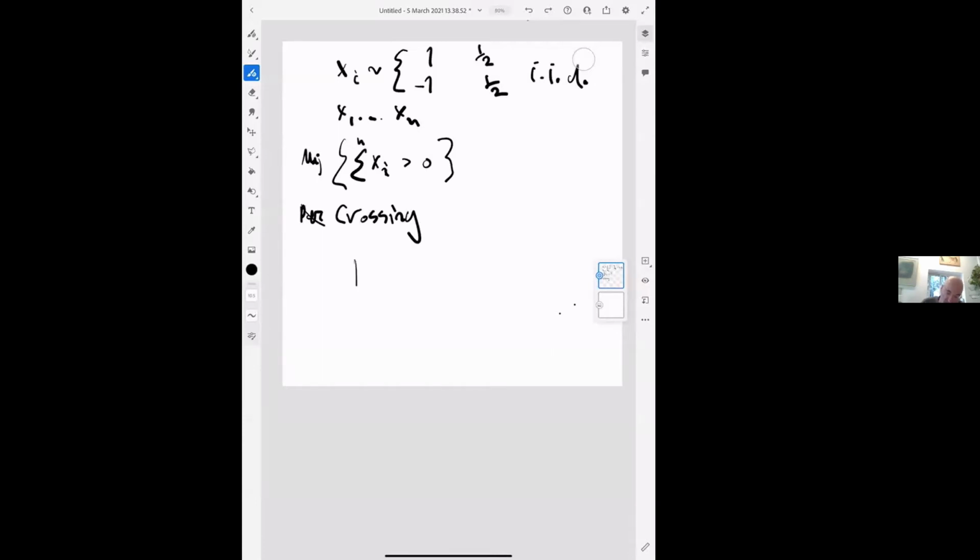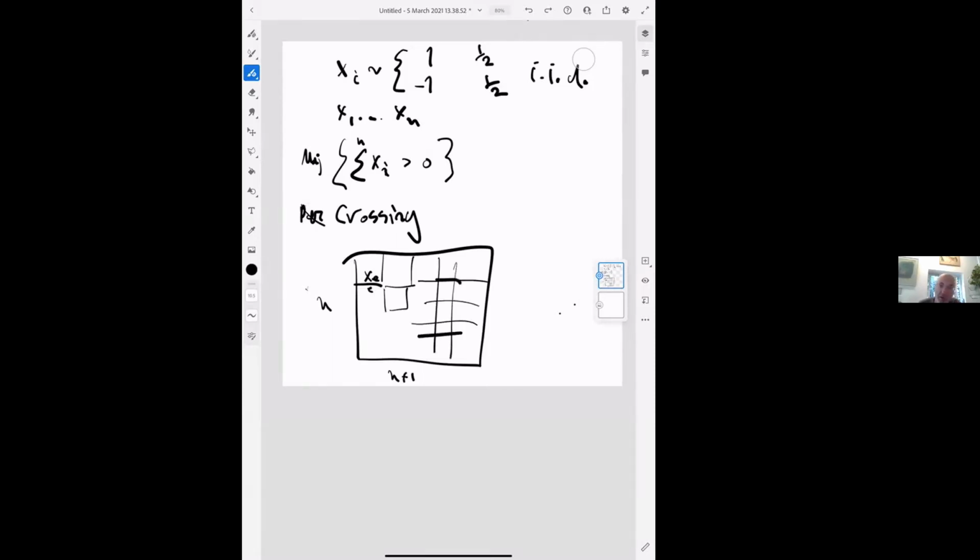I will take a square grid. Here I need n bits, so for each edge e I put a bit xe. I place the bits on the edges, so it's a square root n by square root n grid. On each edge in the grid, I throw a coin to decide if the edge is labeled +1 or -1.